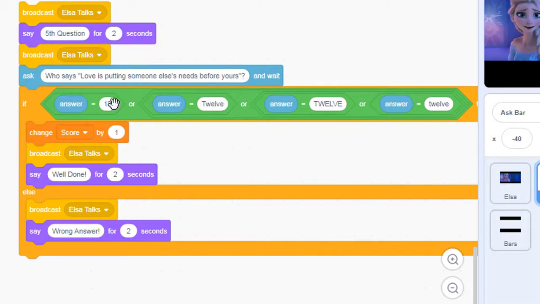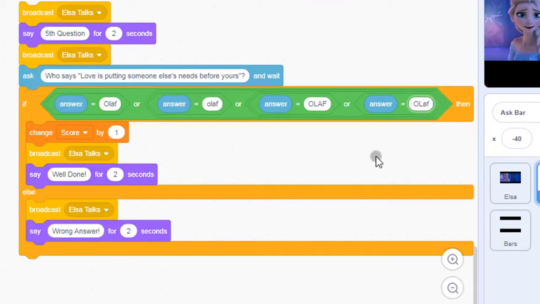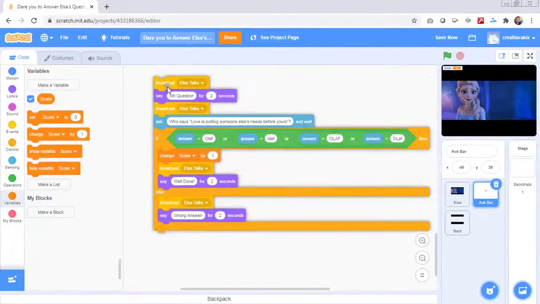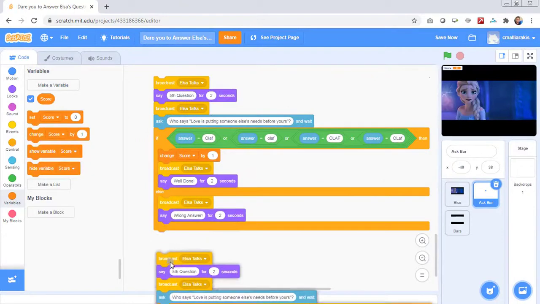And the right answer is, who says love is putting someone else's needs before yours? And the answer is again Olaf. Yeah, Olaf said this magnificent thing. Olaf. I will duplicate again these blocks.